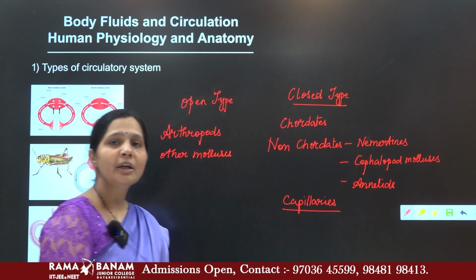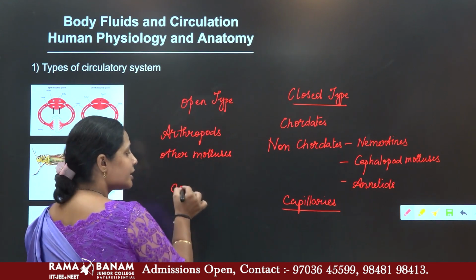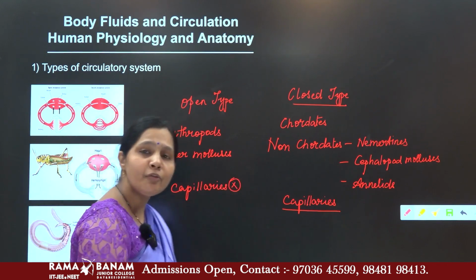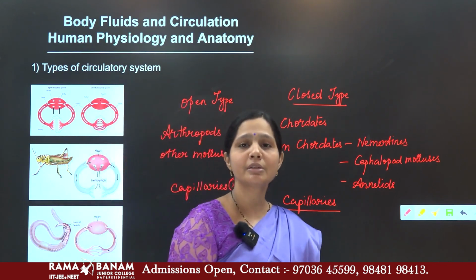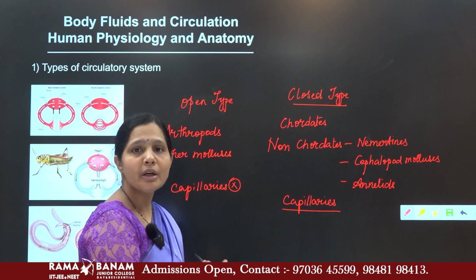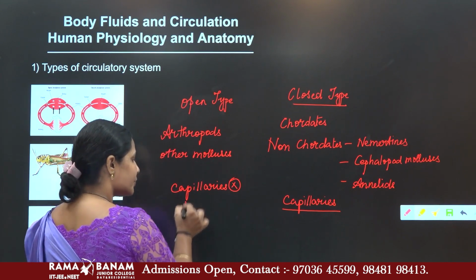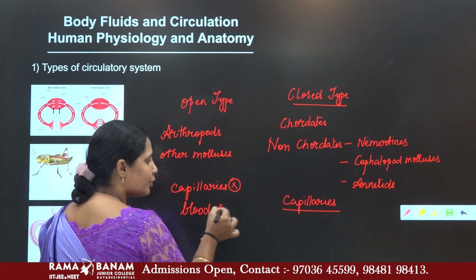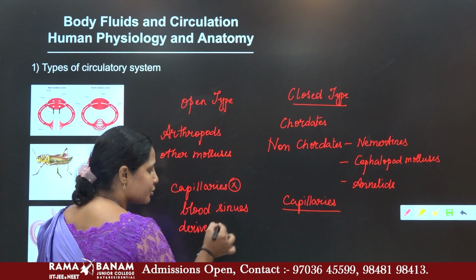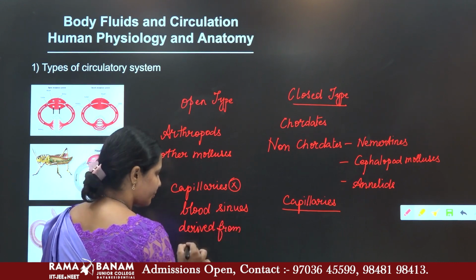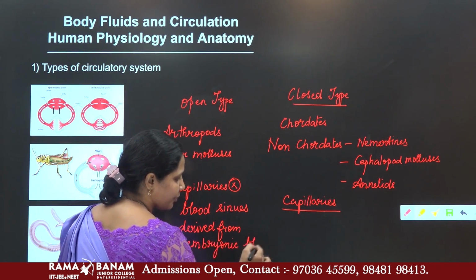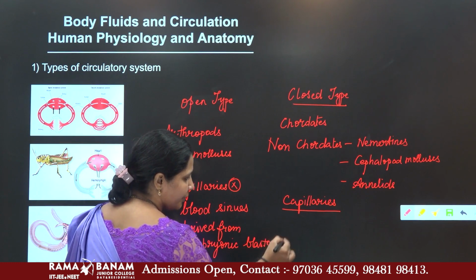Whereas in the open type of circulatory system, such capillaries are absent. The blood flows through vessels, but they are not interconnected with capillaries; instead they are connected with small spaces known as blood sinuses, derived from the embryonic blastocoel.